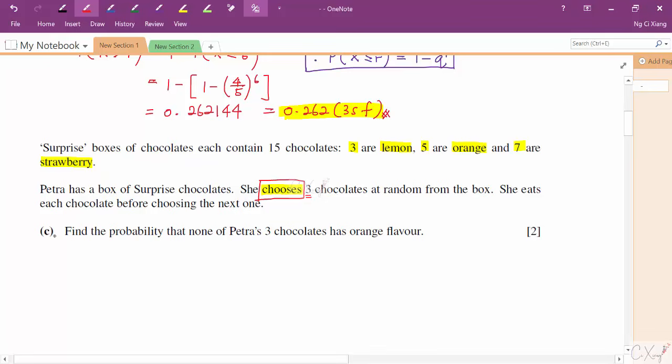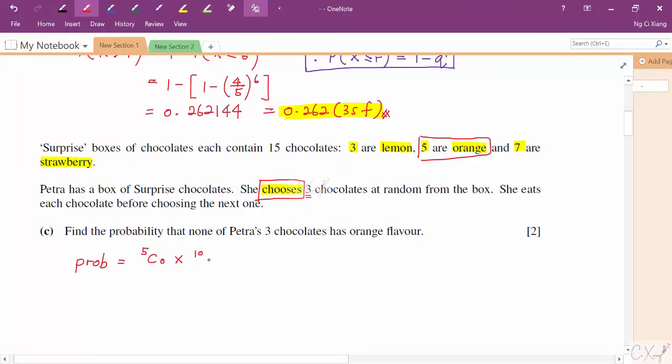Okay, part C, find the probability that none of Petra's 3 chocolates has orange flavor. There's no orange flavor in the selection. To calculate the probability, I will separate my steps into orange and non-orange. There are 5 orange in total, and I select none of them. Therefore, it should be 5C0. Multiply with the rest, lemon and strawberry total, there are 10.